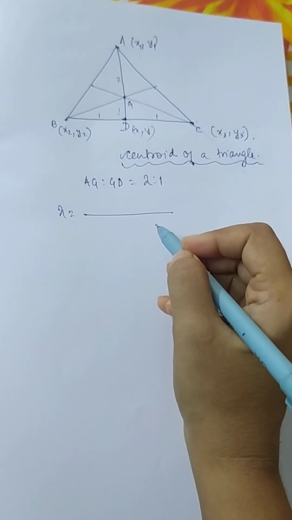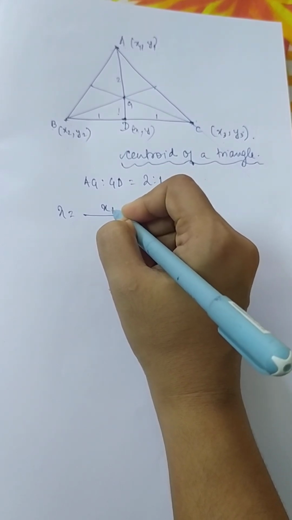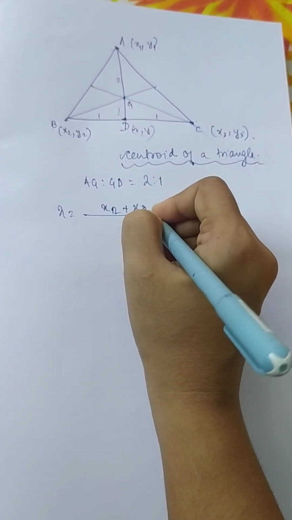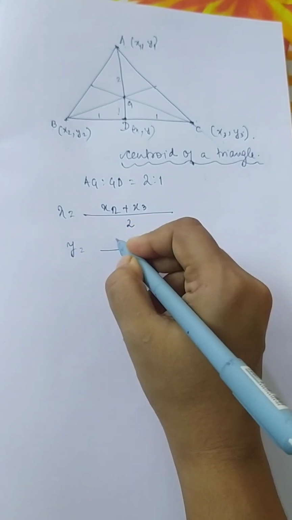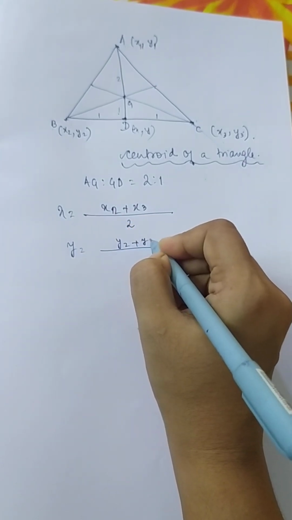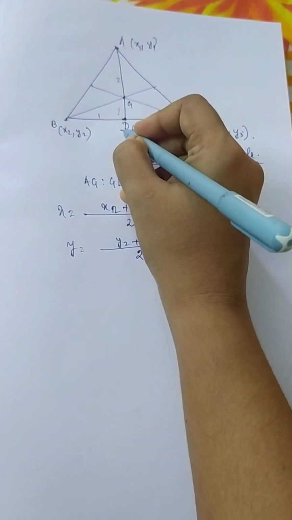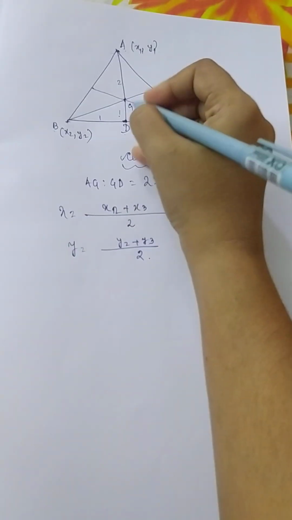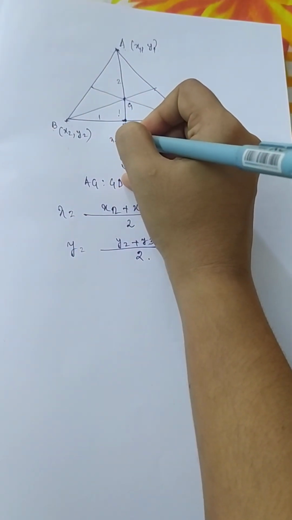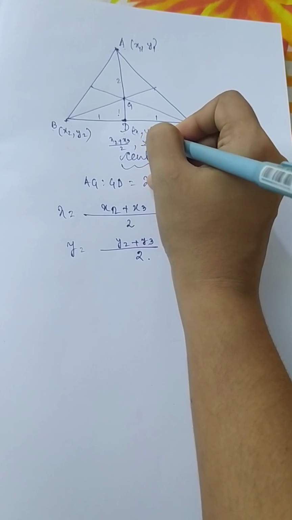So the ratio is 1:1. The x coordinate is x2 plus x3 by 2, and the y coordinate is y2 plus y3 by 2. Now we know the coordinates of this point: x2 plus x3 by 2 and y2 plus y3 by 2.